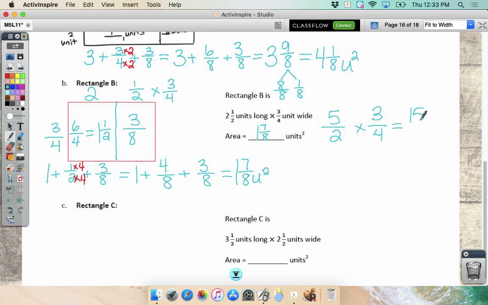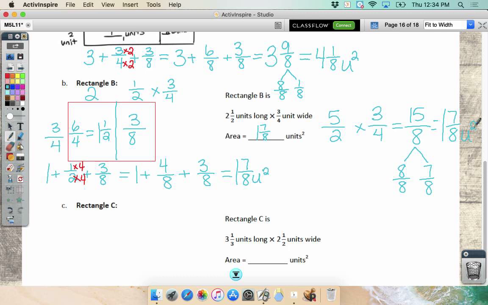Multiply straight across. 15/8. All right, now I'm going to change this to a mixed number. Hopefully it's going to be 1 and 7/8. Is it? 1 and 7/8. Yep, it sure is. And don't forget square units, please.